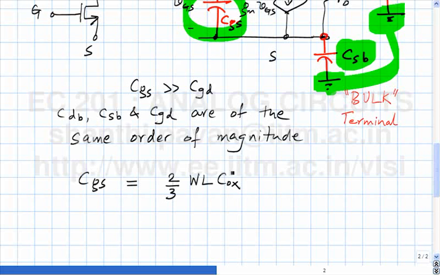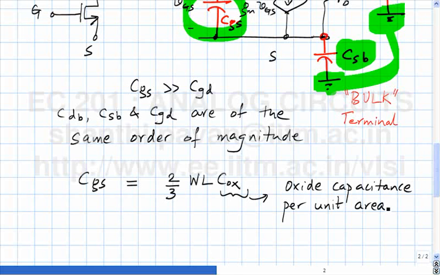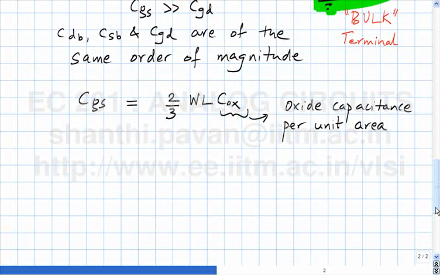The width of the MOSFET, L is the length, COX is the oxide capacitance per unit area, and the general unit for COX will be capacitance per meter squared, and these are in meters.